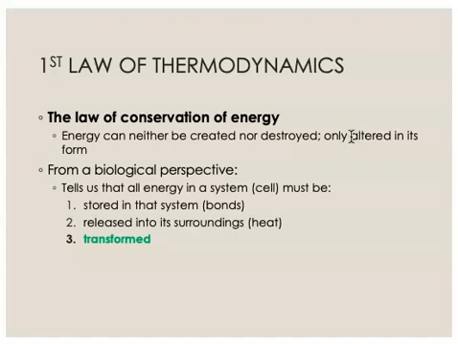Now, what does that mean to us? What does that really mean? From a biological perspective, it tells us that all of the energy that is within a cell has to either be stored in the covalent bonds or released into the surroundings.